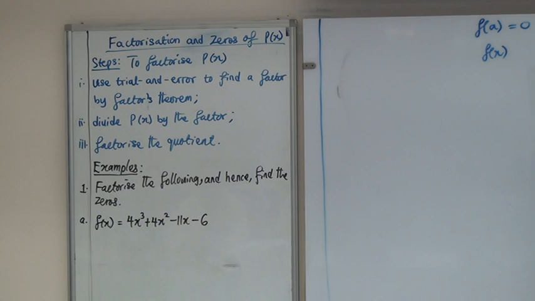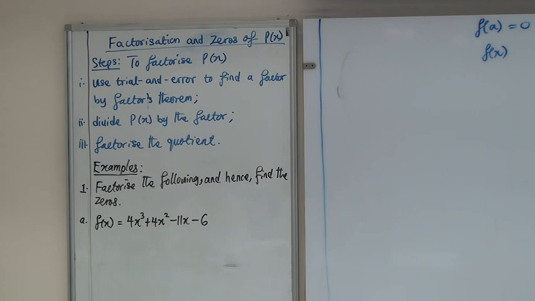If f of x is divided by x minus a, the remainder is f of a. Because now, if f of a is the remainder, which is 0, it means this is not just a divisor. It is a factor. Do you understand what I'm saying? So we are using the factors theorem here.